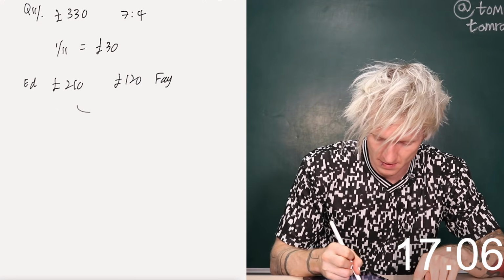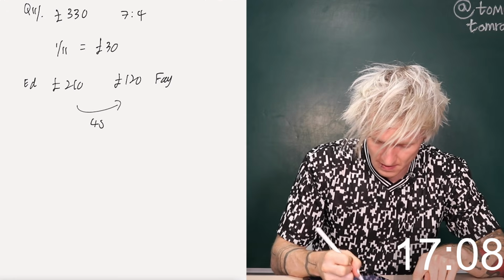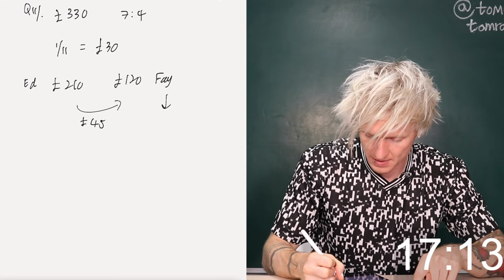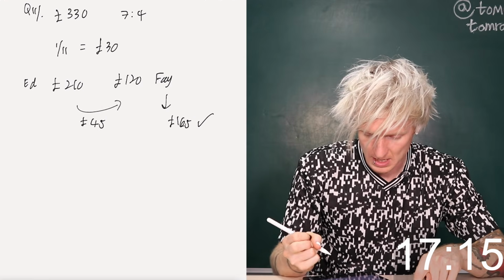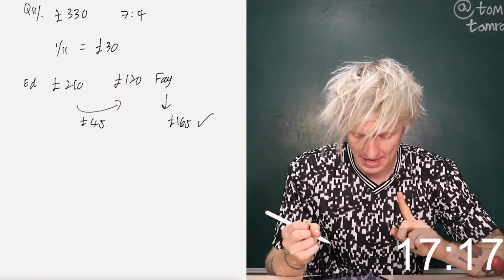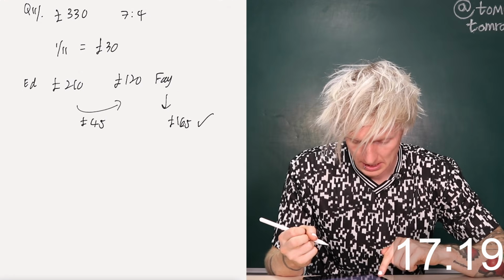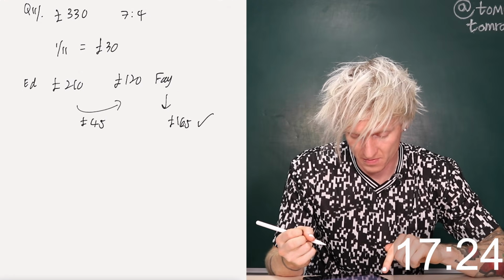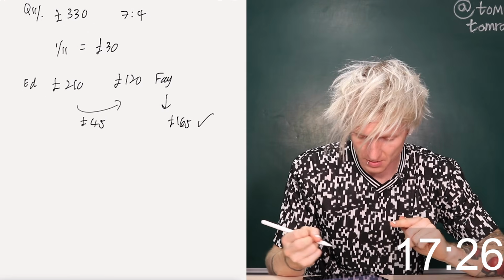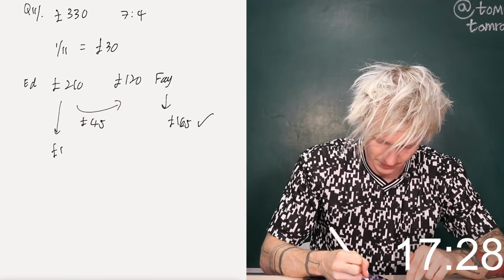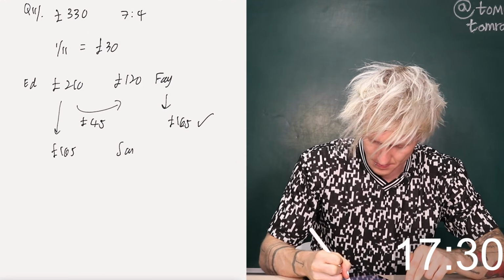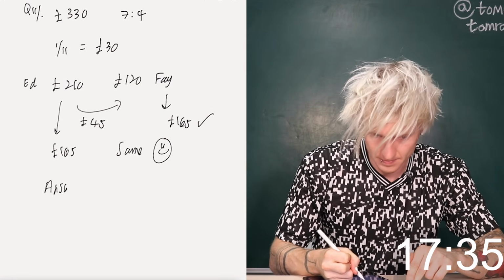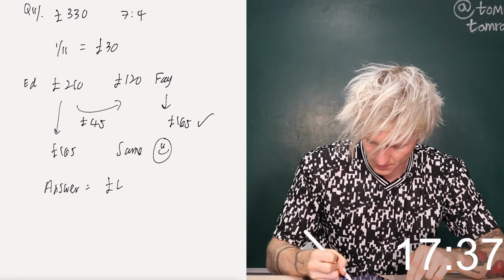So if we did 45 like that, then Faye now has 165, which is half of 330, and Ed is going to minus 45 from there. Will give me 165. Perfect. So same. Smile. So the answer equals £45.